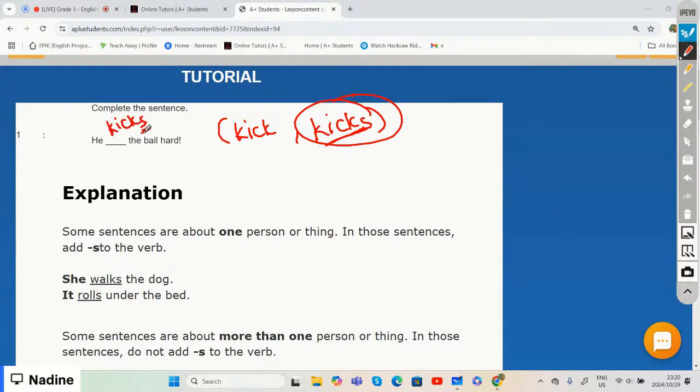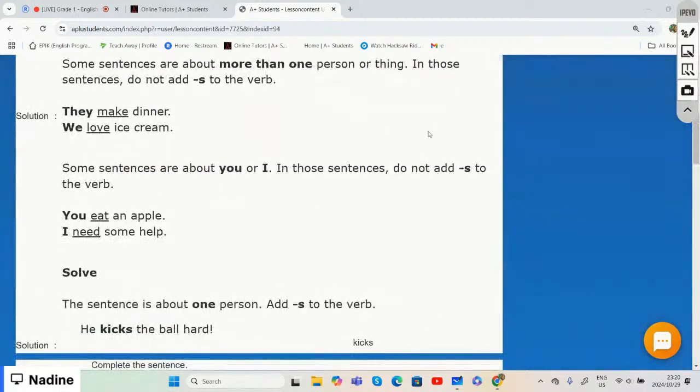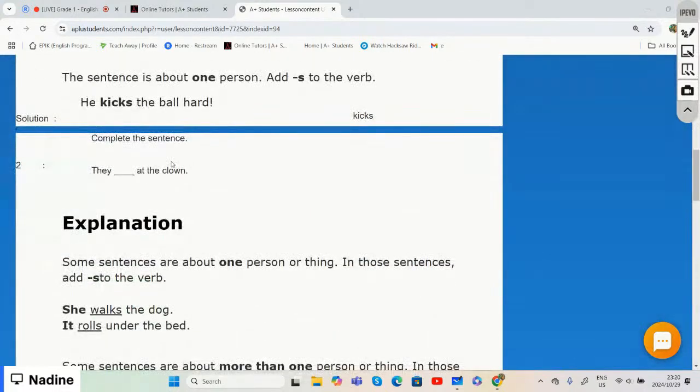So well done, kicks is correct, because we add an s to our verb if it refers to one person doing something.